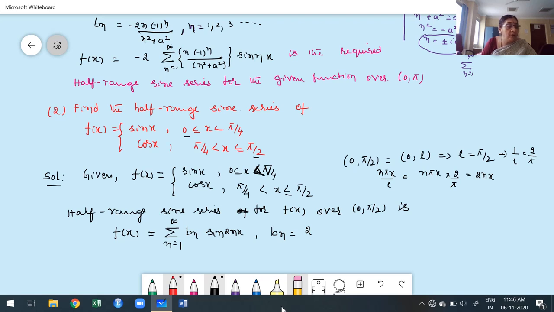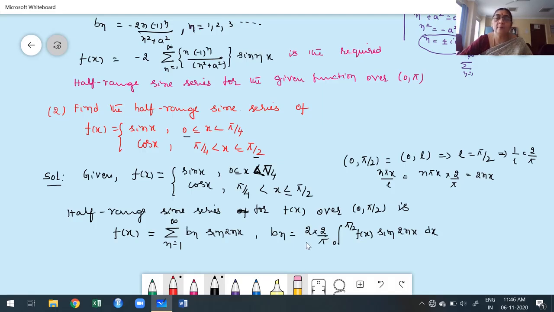Pi by 2, so 1 by L is 2 by pi, and 2 by L means 2 into 2 by pi. So bn is 4 by pi, integral 0 to pi by 2 f of x sine of 2nx with respect to x.